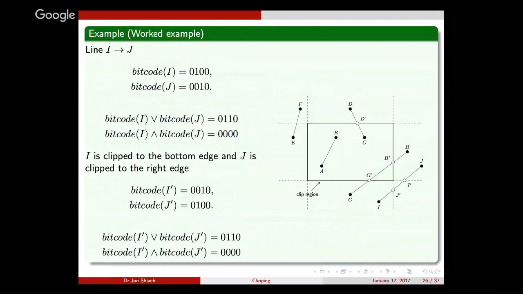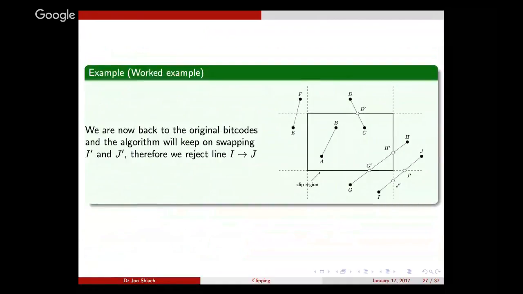So if I go through the same process again, it's just going to keep oscillating, flipping backwards and forwards. So this is the only time when the Cohen-Sutherland algorithm starts to suffer a bit. So we are now back to the original bit codes. We do it again, and the algorithm will just keep going forever. So if that's the case, we just have a little switch in there that says if you keep doing the same thing, just exit and ignore the line.